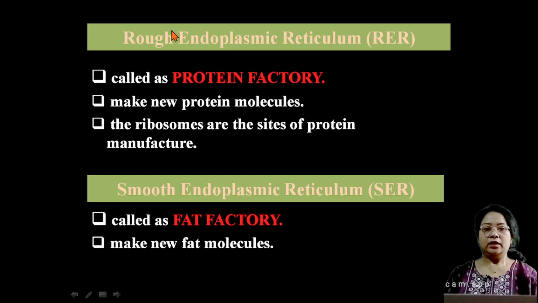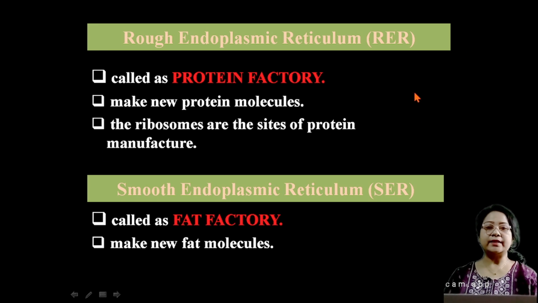cell. So what does the rough endoplasmic reticulum do, or what are the functions of it? The rough endoplasmic reticulum is also called the protein factory. Why? Because it makes new protein molecules. The ribosomes are the site of protein manufacture.